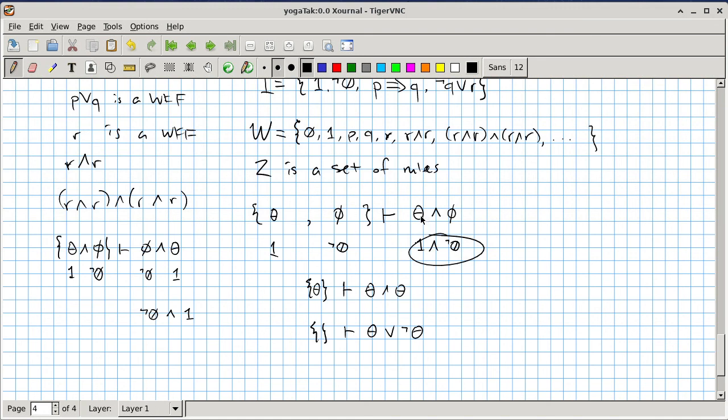Now that we know theta is 1 and phi is not 0, because we just randomly chose something that is true, we can conclude that by combining these two, this is also going to be true.